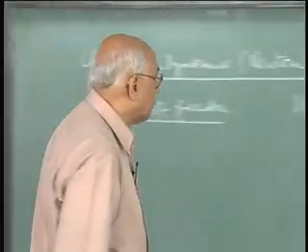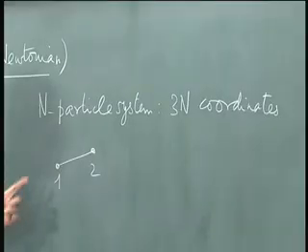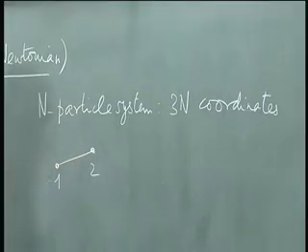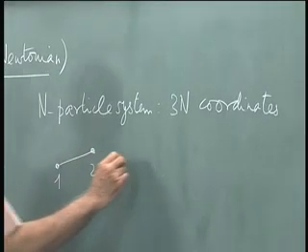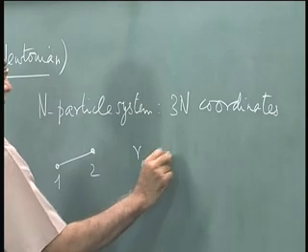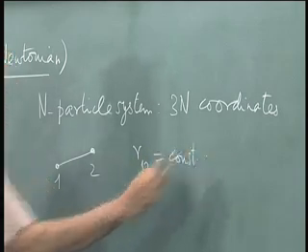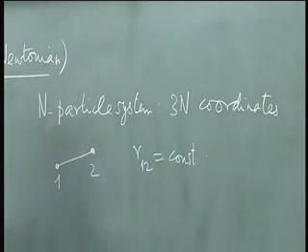There are 5 independent degrees of freedom, because you have 6 coordinates between these 2 particles, but then you also have a constraint that r12 equal to a constant. The distance between 1 and 2 is constant, is fixed, it is given to you as part of the problem, in which case you subtract 1 independent coordinate out and you have 5 independent coordinates left.